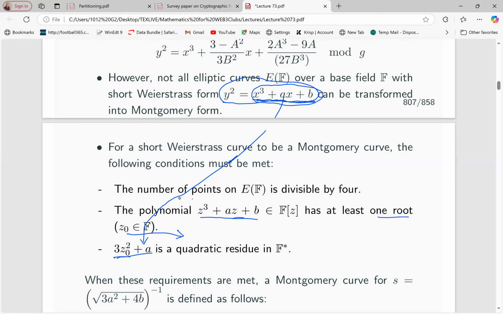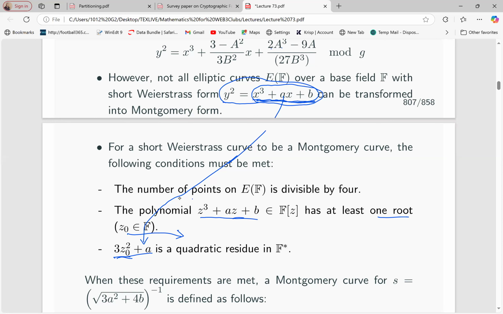Does x exist? If the value of x exists, the second condition will have been met. Now take that value of x and square it and multiply by 3.